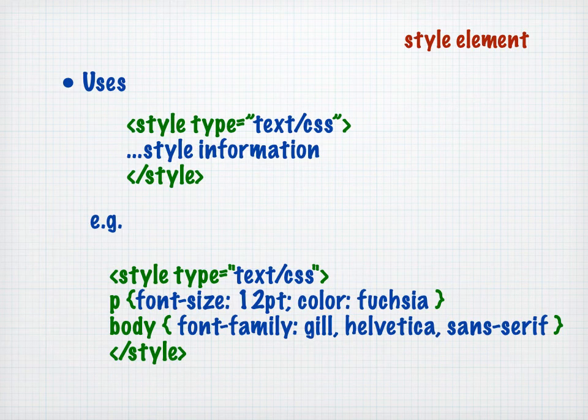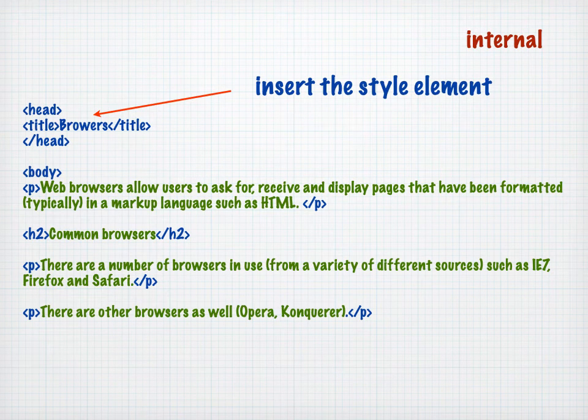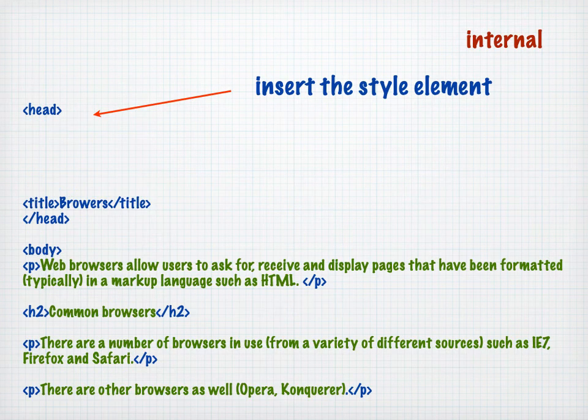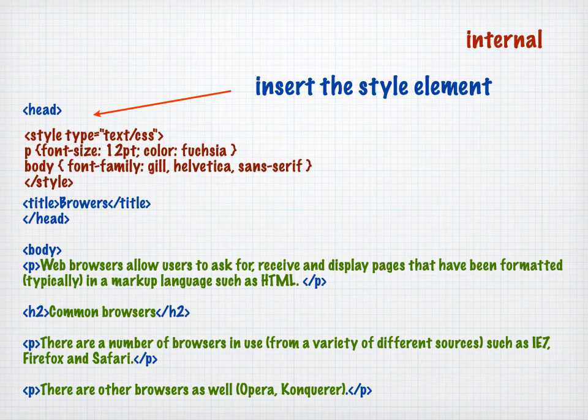Now there's an actual HTML tag that we can use for this. It's called style, and we go style type equals text/CSS to indicate the type of the text we're inserting at that point. And then we have a collection of style rules. So if you look at the second example on this slide, you can see those. And what we would do is make some space at the top of the document, and insert that in the head.